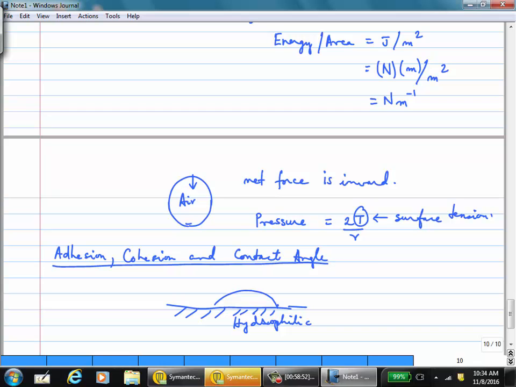So this angle that is formed is called the contact angle. And if it's a hydrophilic surface, then this contact angle theta is going to be less than 90 degrees.